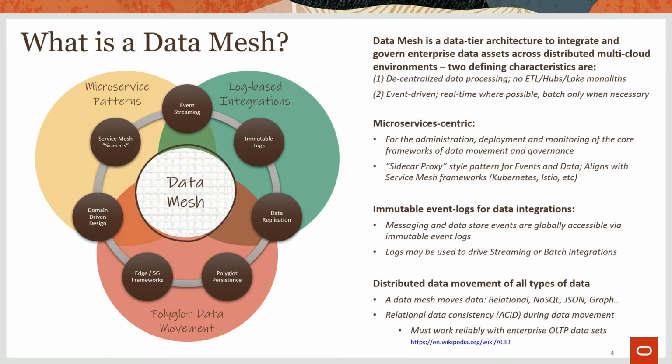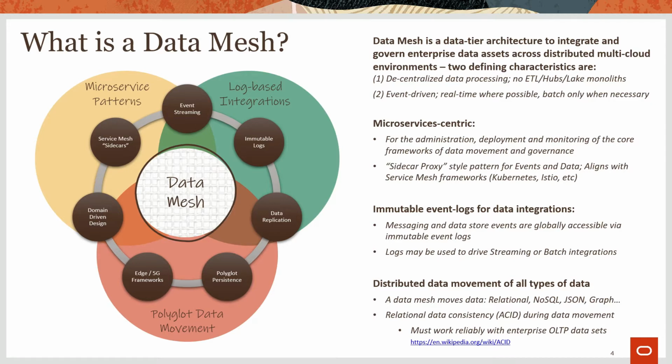There are other eventing frameworks we'll talk about a little later. But the core is to have an immutable event log as a first-class part of the architecture, and that really becomes the system of record for the events that are always happening across an IT environment.